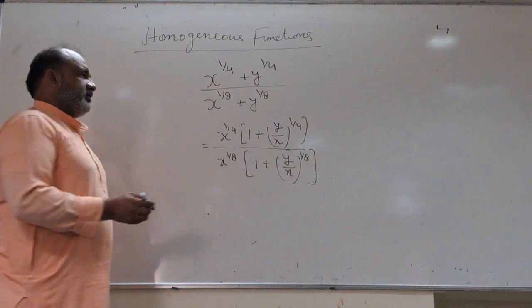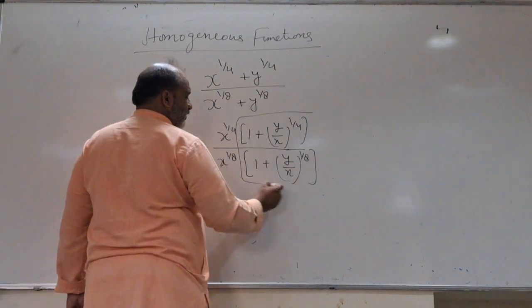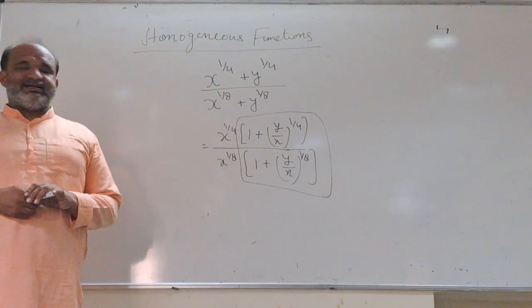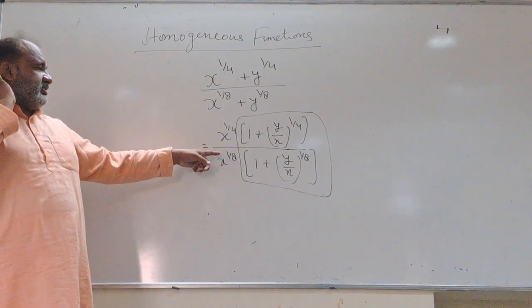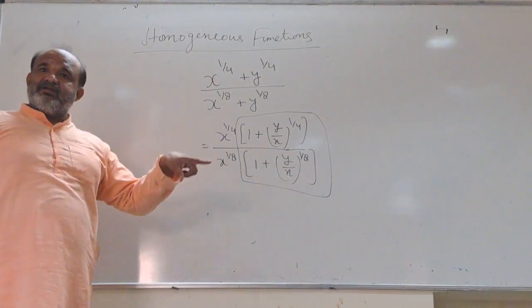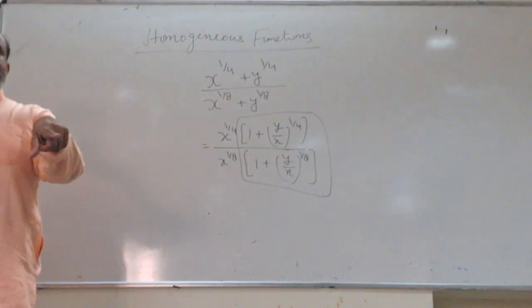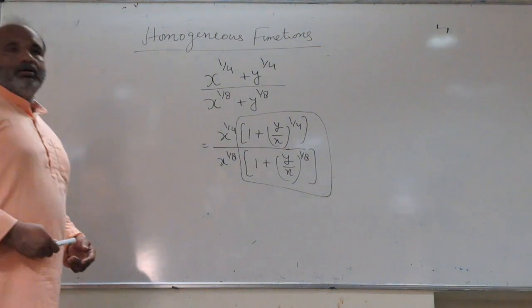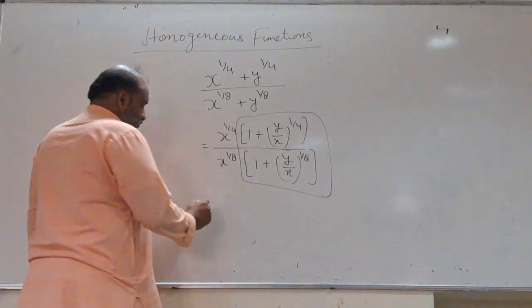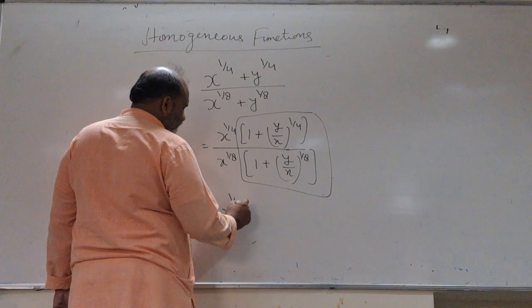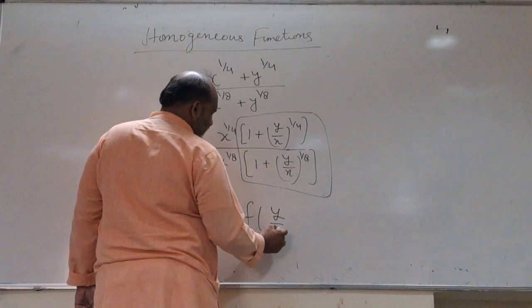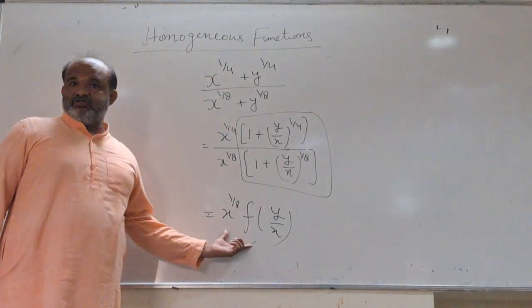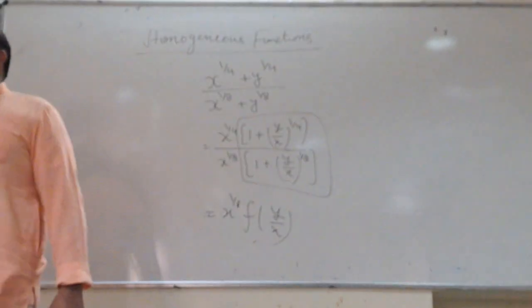This whole expression can be written as a function of y divided by x, and upon simplification this will be x power 1 by 4 minus 1 by 8. 1 by 4 minus 1 by 8 will be equal to 1 by 8. So this is x power 1 by 8 f of y by x. So this is again a homogeneous function. The degree is 1 by 8.